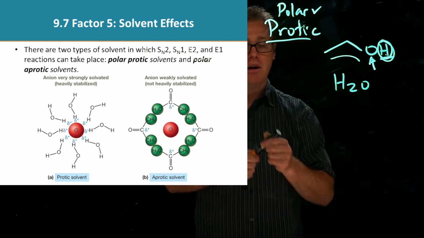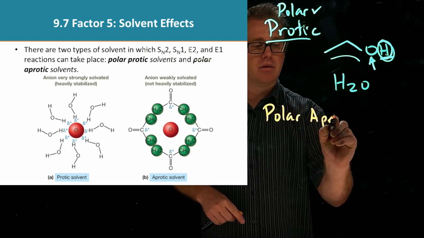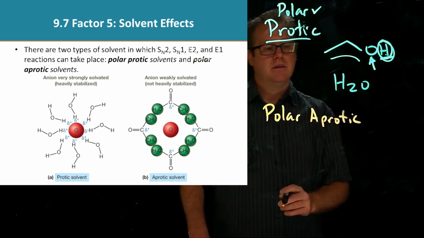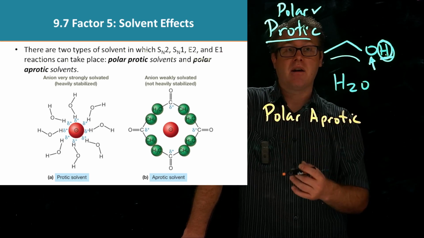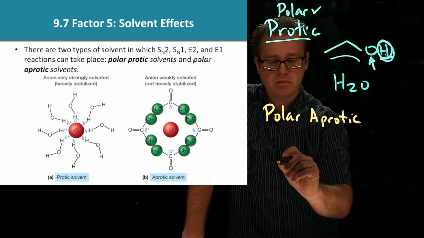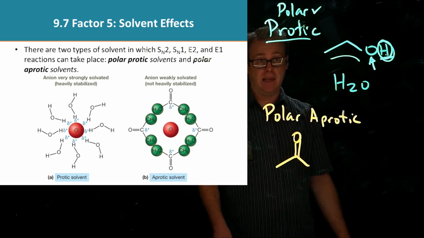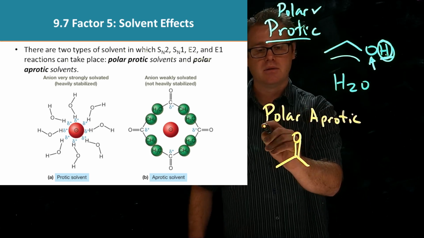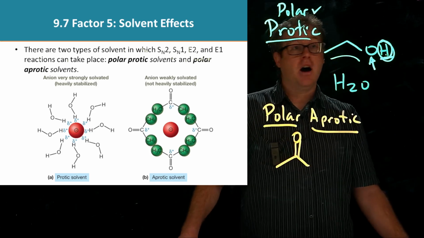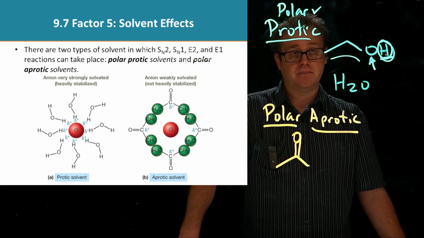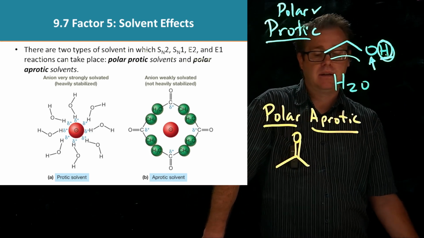When you compare polar aprotic, for example, acetone, which is also shown on the slide there on the right, it looks like this. We can see that that molecule is in fact polar, but aprotic means that it does not have a hydrogen on the molecule that can hydrogen bond.